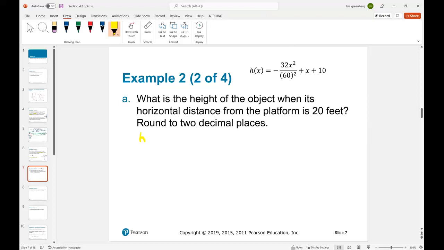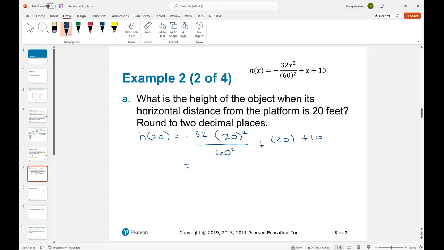So we have h of 20 is equal to negative 32 times 20 squared over 60 squared plus 20 plus 10.